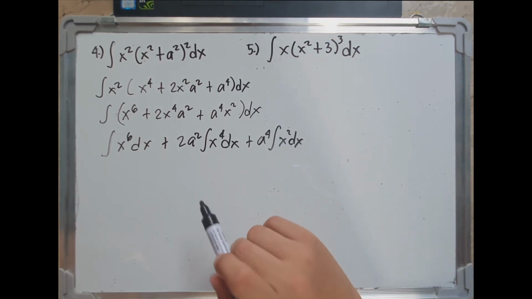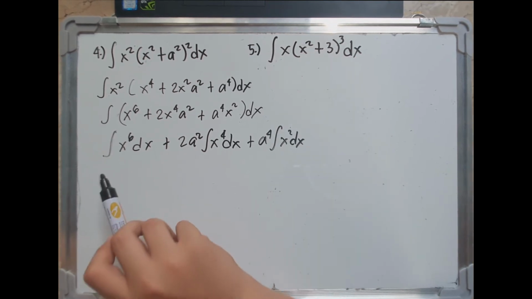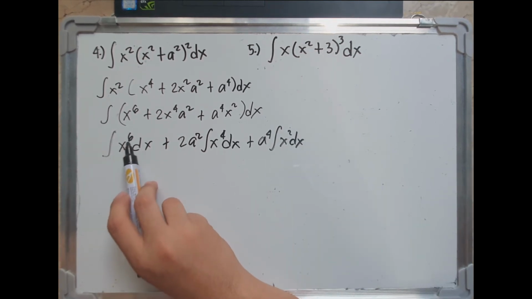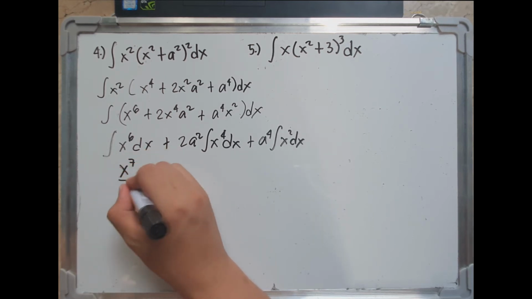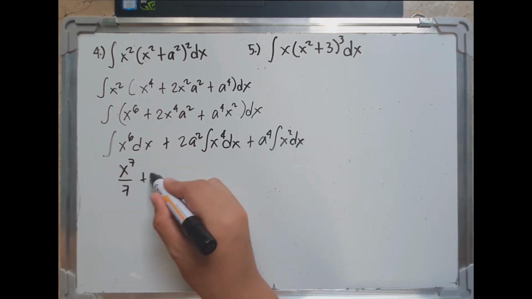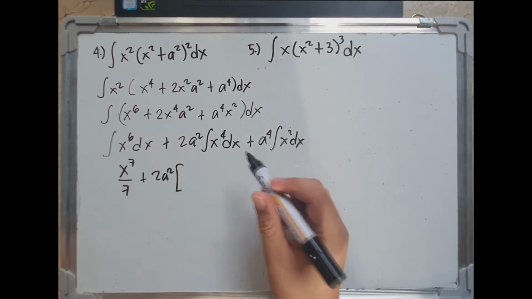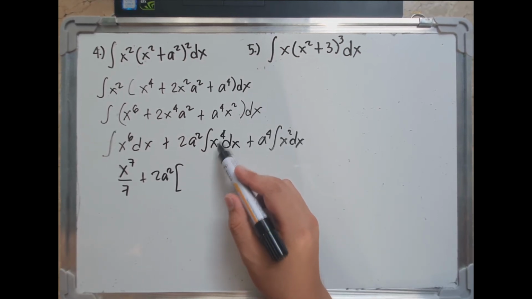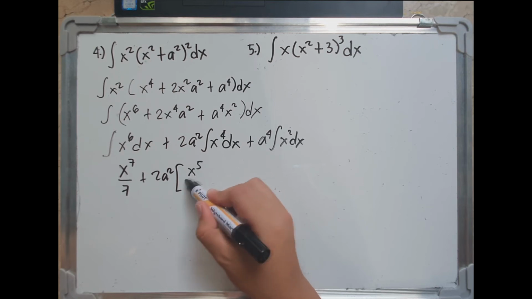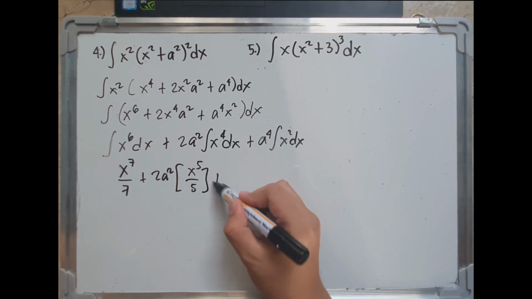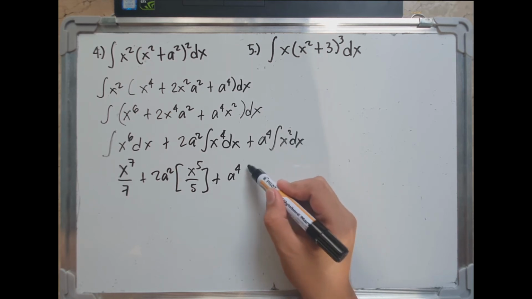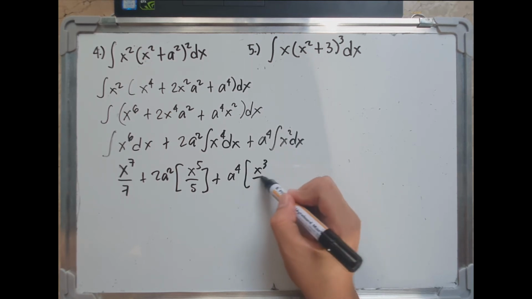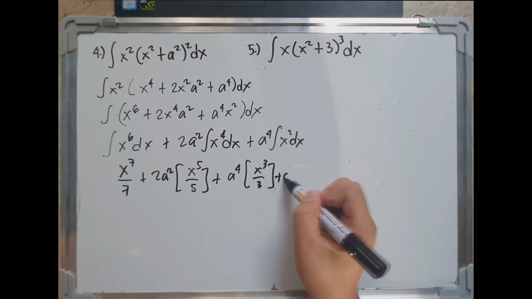Now we could evaluate all the integrals. Integral of x raised to the power of 6, that is x raised to the power of 7 over 7 plus 2a squared. Integral of x raised to the power of 4, that is x raised to the power of 5 over 5 plus a raised to the power of 4. Integral of x squared, that is x cubed over 3 plus c.